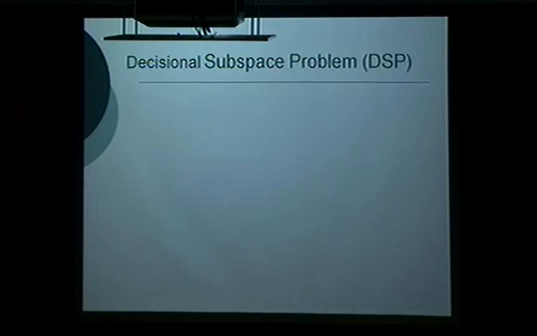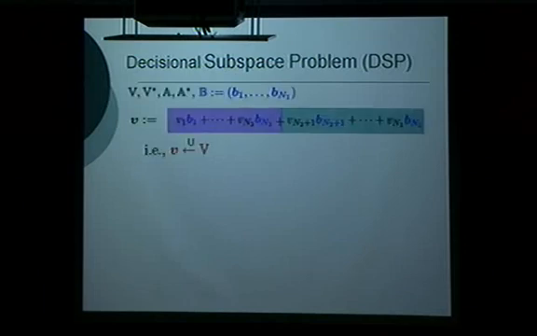Next we will introduce another decisional problem, which is more natural as a decisional problem. This part is the same as the vector decomposition problem. It means V is uniformly selected from this space, and the coefficients of V1 to Vn1 are uniformly selected.